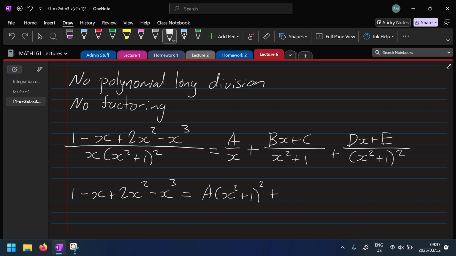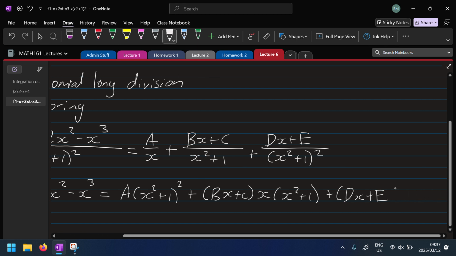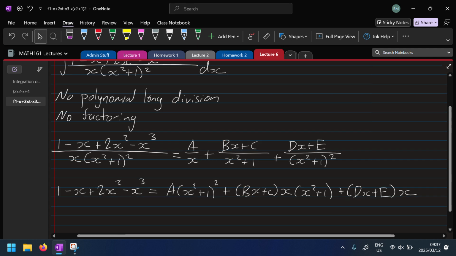That cancels with one of the x squared plus 1s here. So that's going to be (bx plus c) times (x squared plus 1). One of them got cancelled. And then the next one, x squared plus 1 squared. That cancels with this x squared plus 1 squared. We're left with x. So plus (dx plus e) times x.